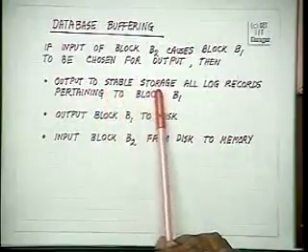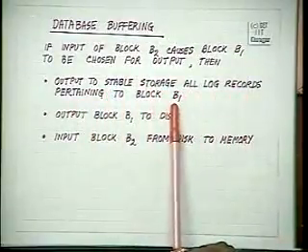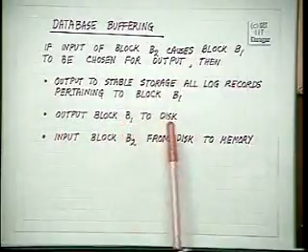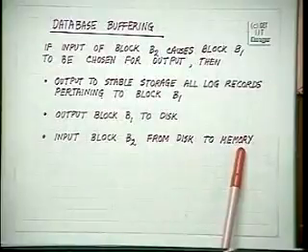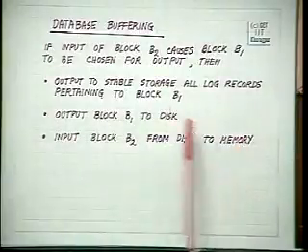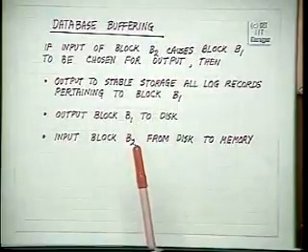So you must be sure that you do it in the proper sequence. So the sequence here is: output to stable storage all log records pertaining to block B1, and then output the block B1 to disk, and then input B2 from disk to memory. So that is the whole sequence of operations that you have to perform in case of any output in database buffering or the virtual memory concept that you may use.